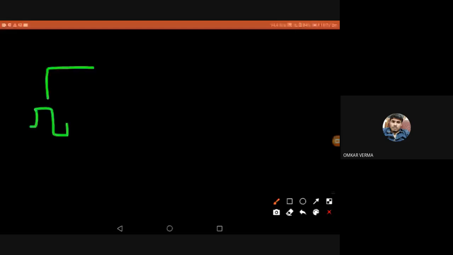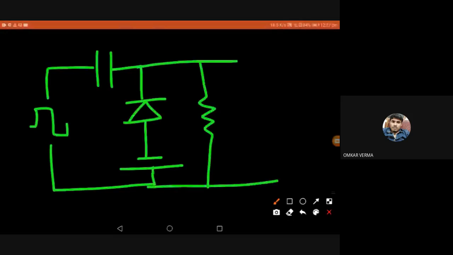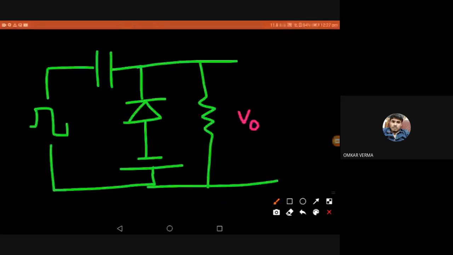Instead of connecting VB like last time, I put it like this. So this is Vout, this is the capacitor, Vin, diode. Now I am reversing the direction of VB, minus and plus. It's capacitor and diode.